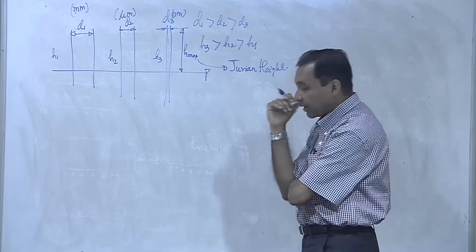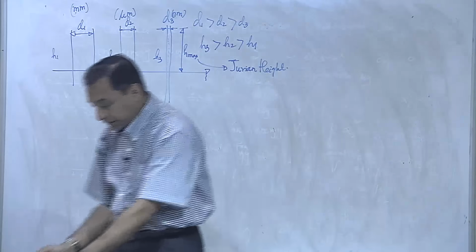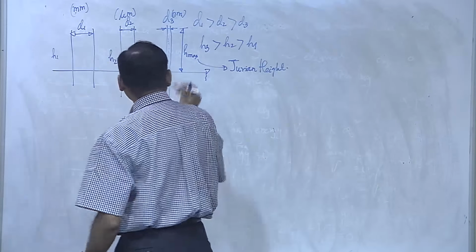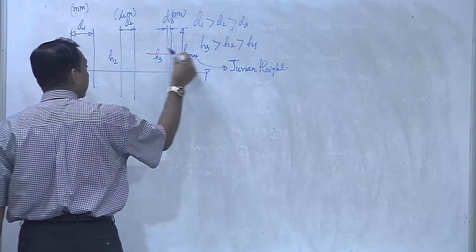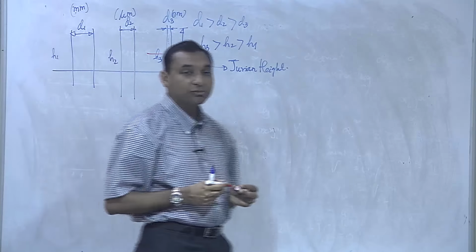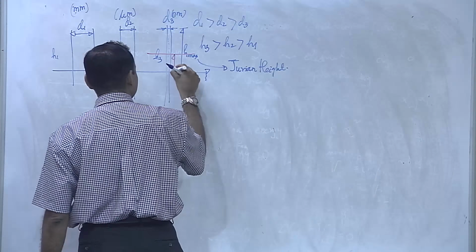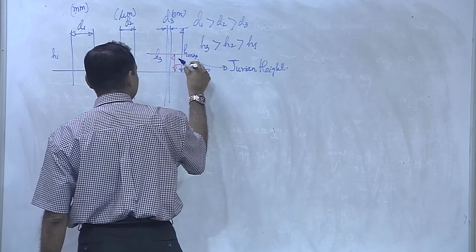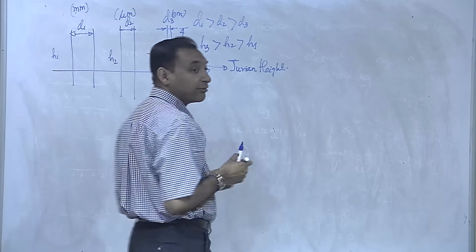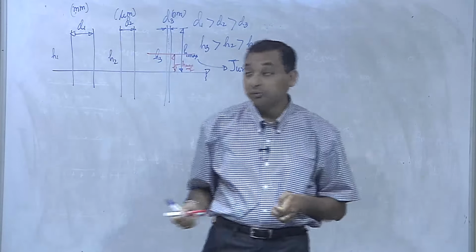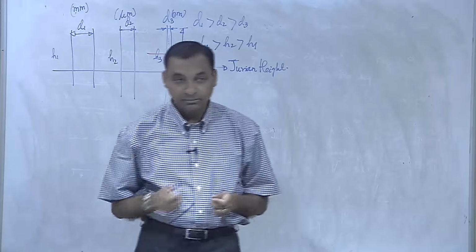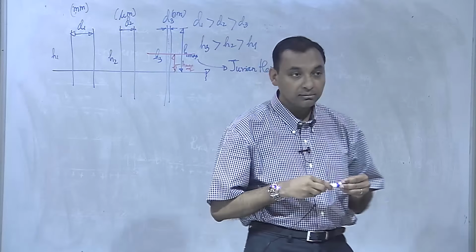So if I cut this capillary, remove part of it and make it half, say H max by 2, what will happen? What do you think will happen?